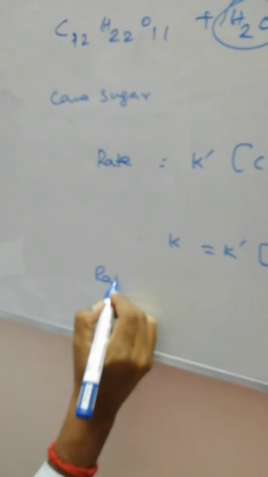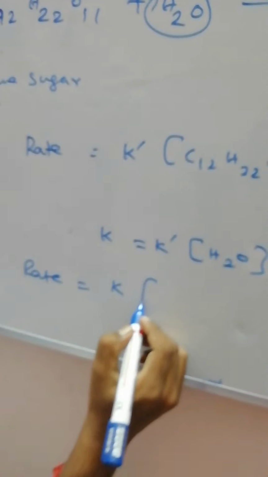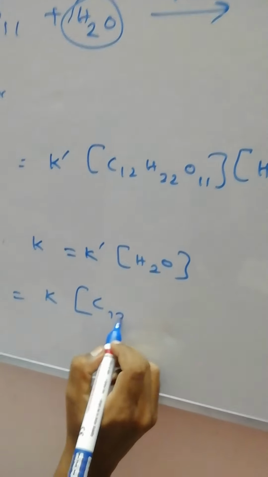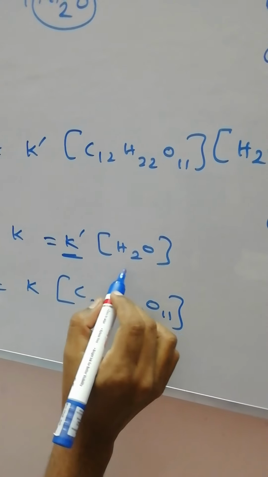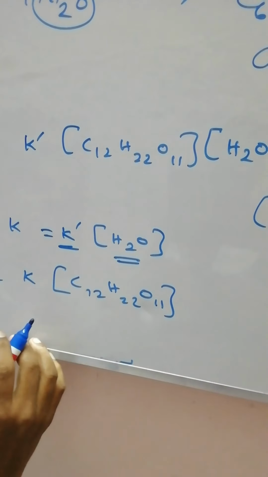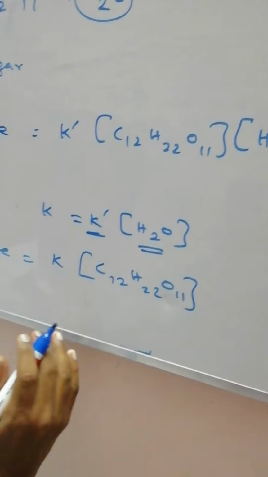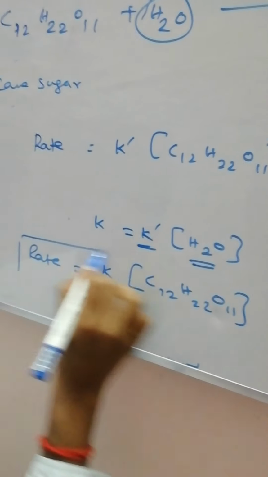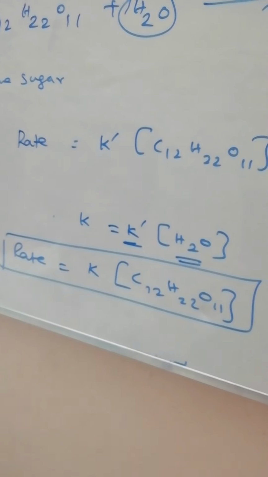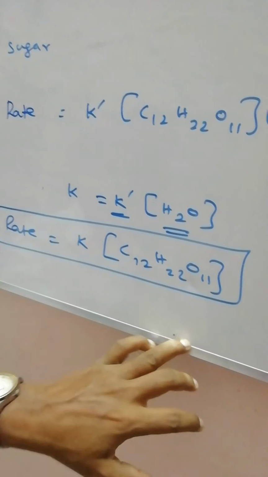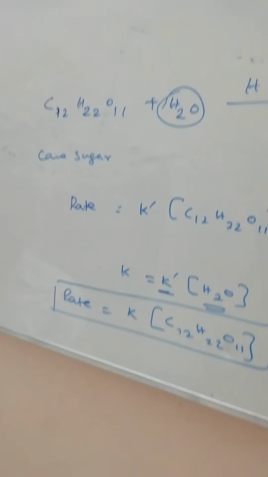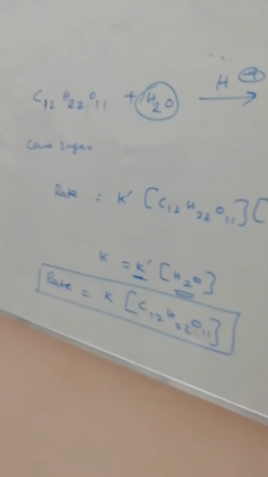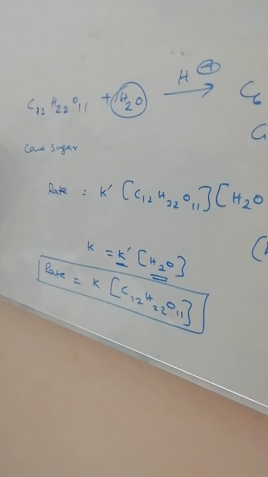Substituting here, rate is equal to K into [C12H22O11]. The water term is constant, so we do not consider it for calculation purposes. This is the pseudo first order rate equation of the cane sugar reaction. Okay, now we have to solve one problem related to pseudo first order reaction.